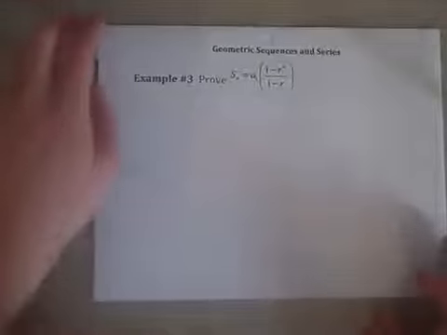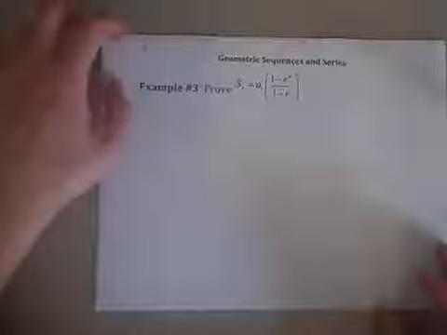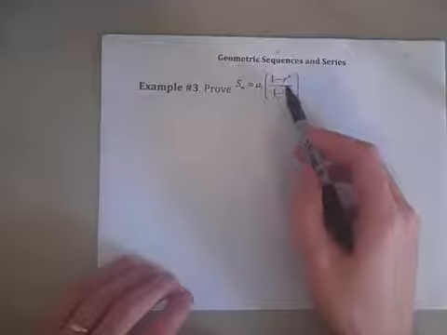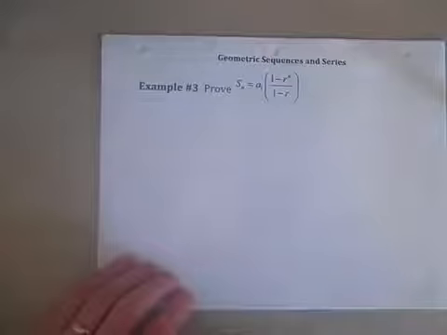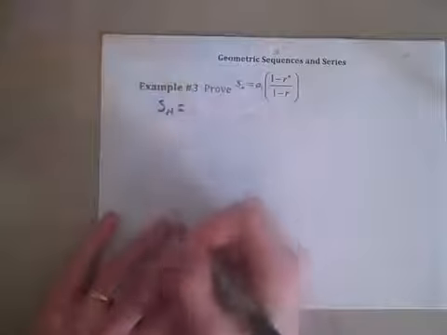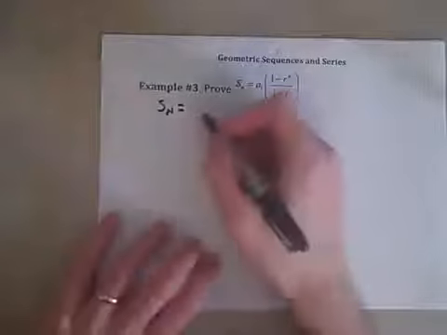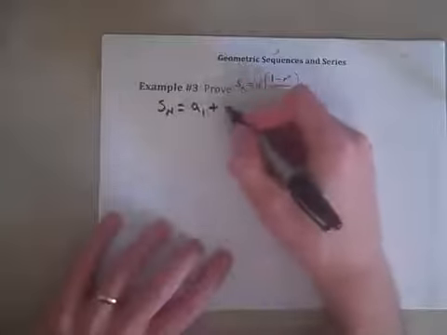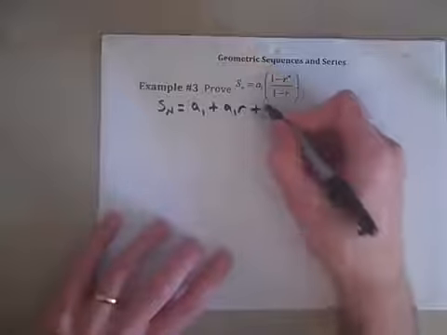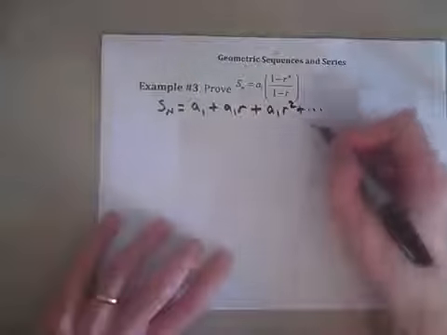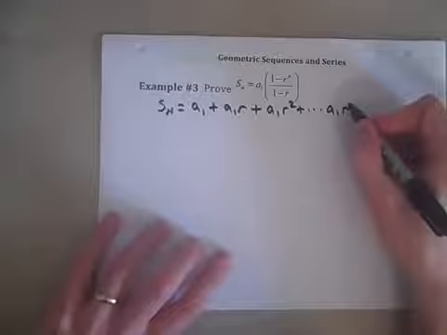Okay, now we're going to prove the sum of a geometric series. The sum is the first term times 1 minus r to the n divided by 1 minus r. All right, let's write out the sum in just a general form. So the first term plus the second term plus the third term plus the last term.